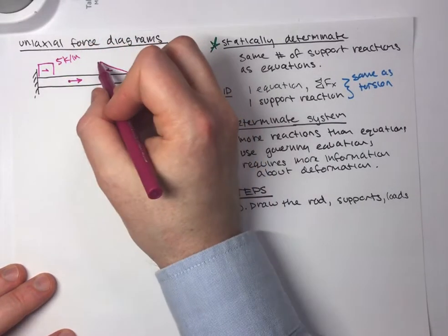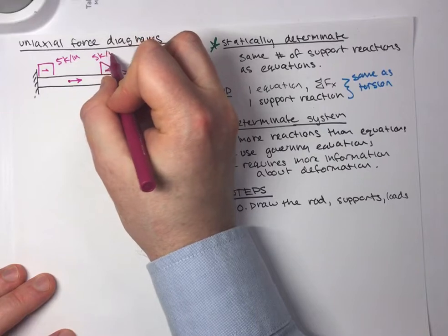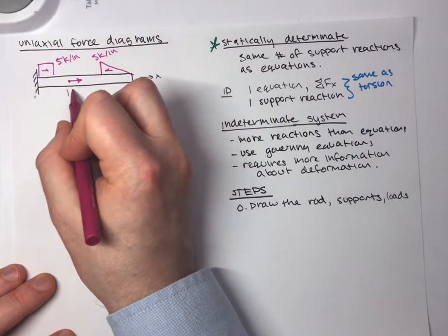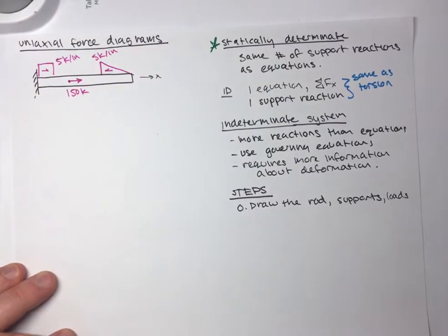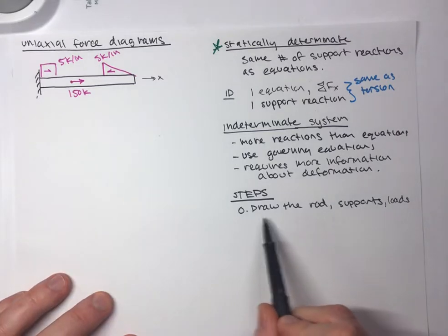We're going to say that this value at the peak is 5 kips per inch as well. I'm going to say that this force here is 150 kips. And I think we need some distances here. So let's do that in just a moment. We've now gotten our step 0 done, first part.